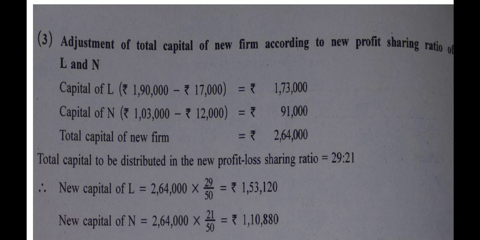And for N, 2,64,000 into 21 by 50 as per new ratio, which is rupees 1,10,880. So this is the amount of capital to be written in partner's capital account. Not the previous one, which is 1,73,000. No. Not even the total. The total is to be written later.